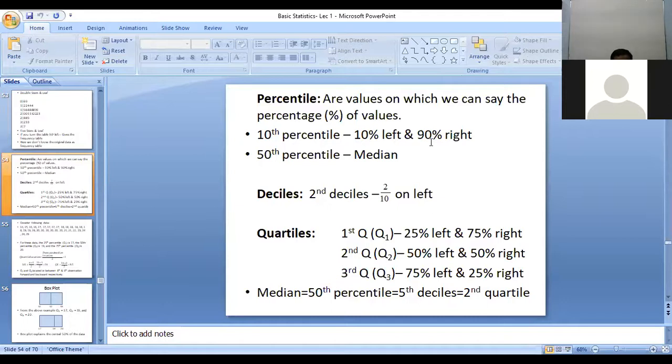Decile means it divides the whole set of data into 10 equal portions. So the second decile means 20% on the left side and 80% on your right side. Then we discussed quartiles. Quartile means quarter, a quarter means 1/4. So it divides the whole data set into quarters, each 1/4, right?